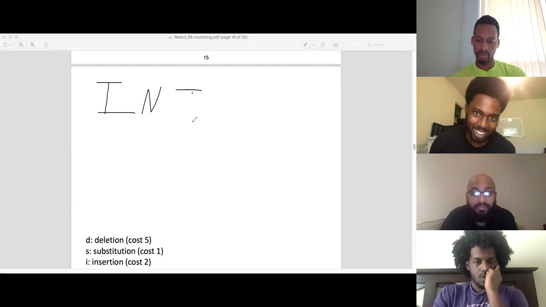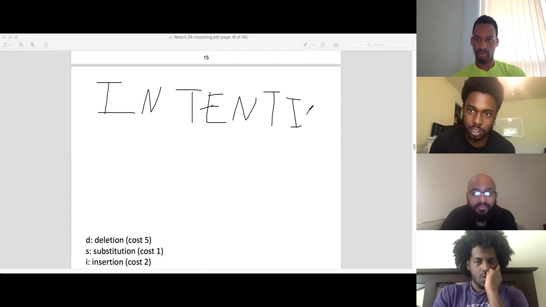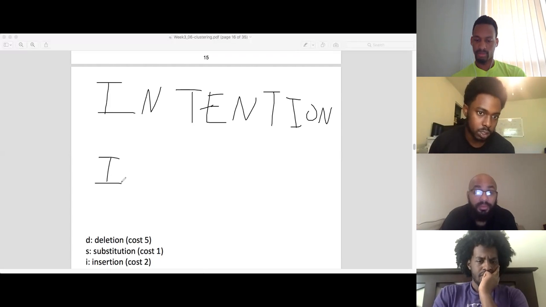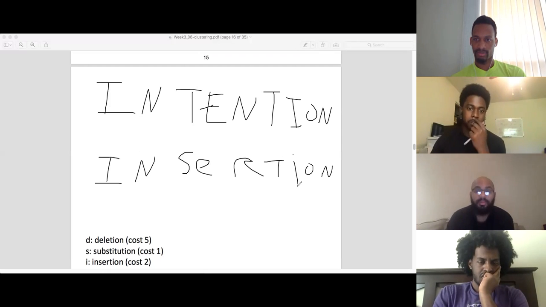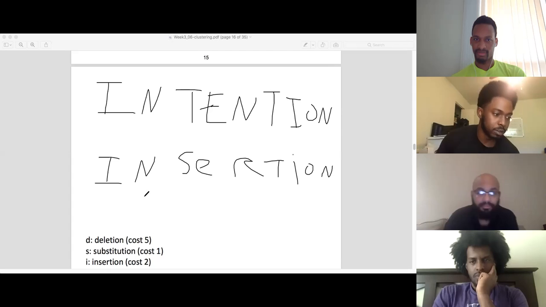I have the word intent, and I'm going to change it to insertion. We're going to assume it's not case sensitive, because I didn't write case sensitively.